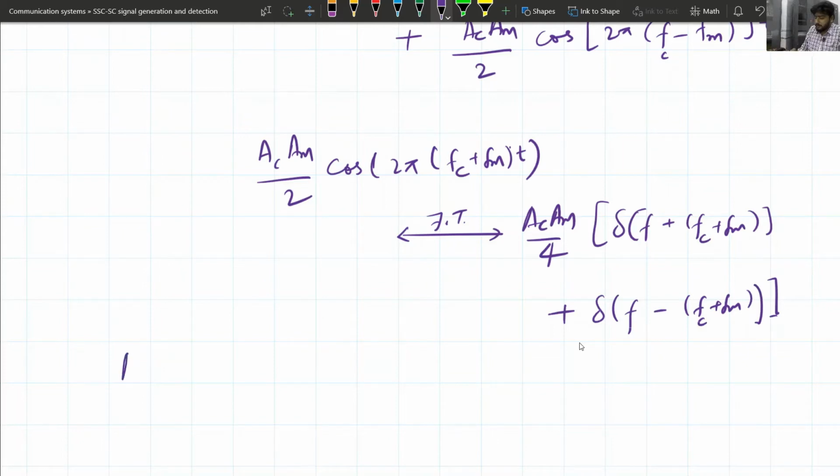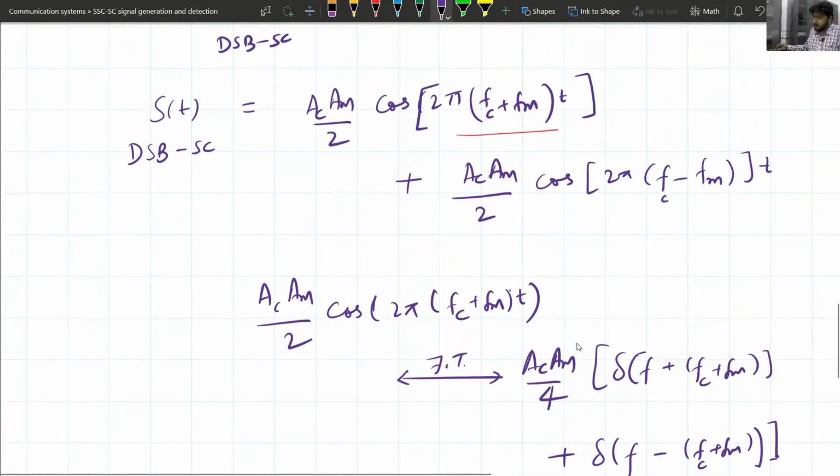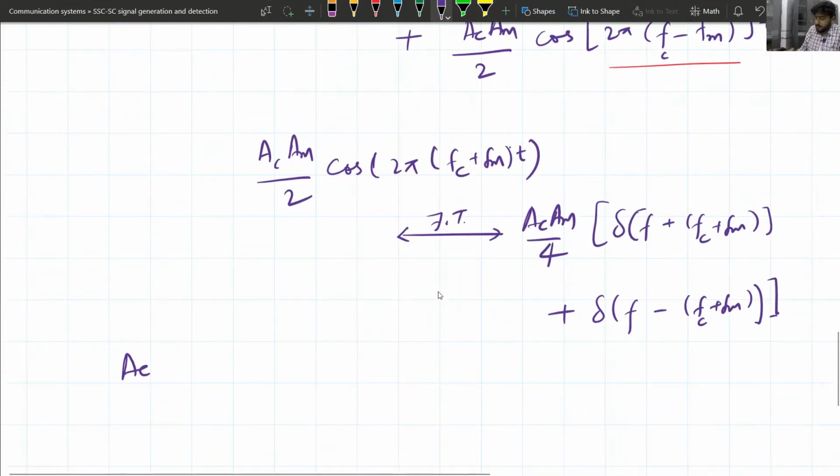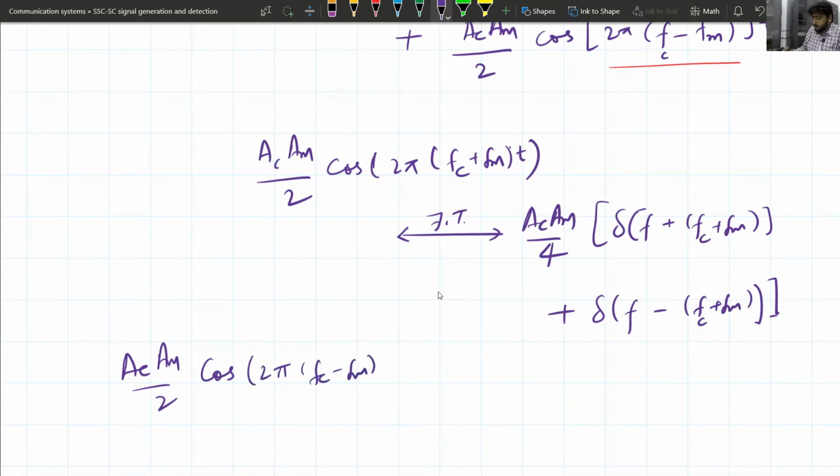And similarly for the lower sideband LSB component, the Fourier transform in terms of frequency.